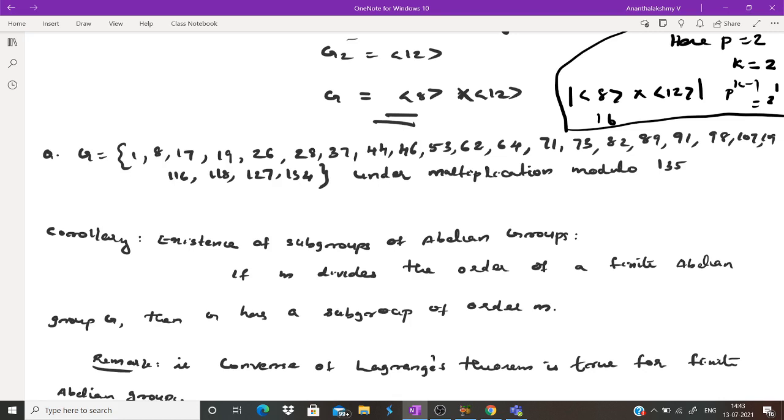Since it is a cyclic group, there will be an element generating that group, so that element will have order M. So by the fundamental theorem of cyclic groups and the fundamental theorem of abelian groups, we can say that the converse of Lagrange's theorem is also true: if M divides the order of a finite abelian group, then G has a subgroup of order M.